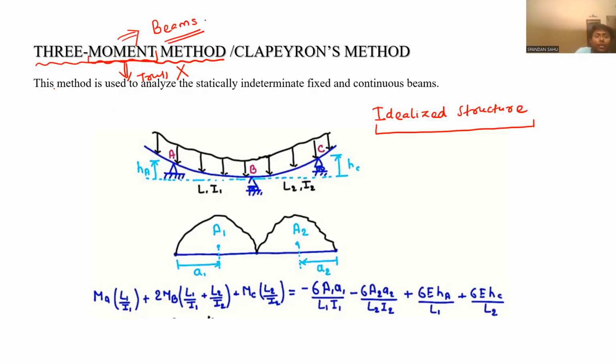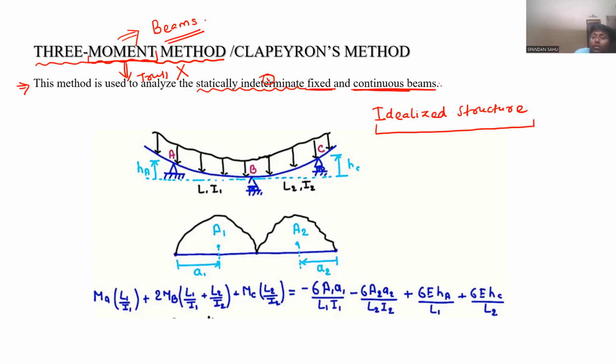Now, to be more specific, this method is used to analyze statically indeterminate structures. As we know, we are discussing statically indeterminate structures. The concept of the force method is for statically indeterminate structures only. It is used for fixed beams and continuous beams.